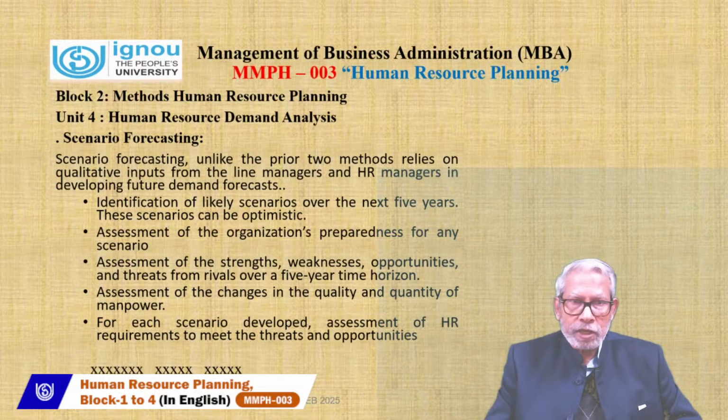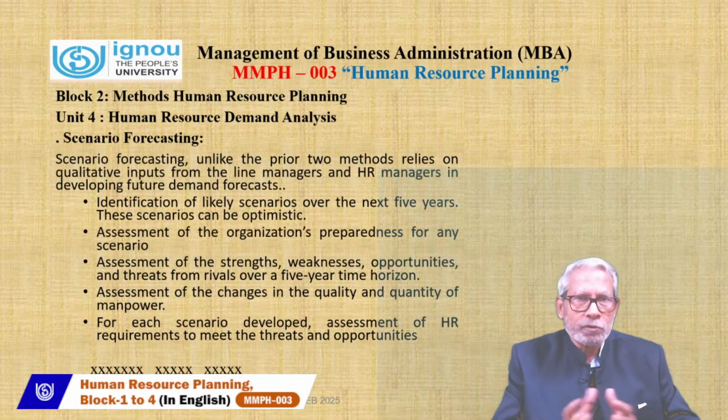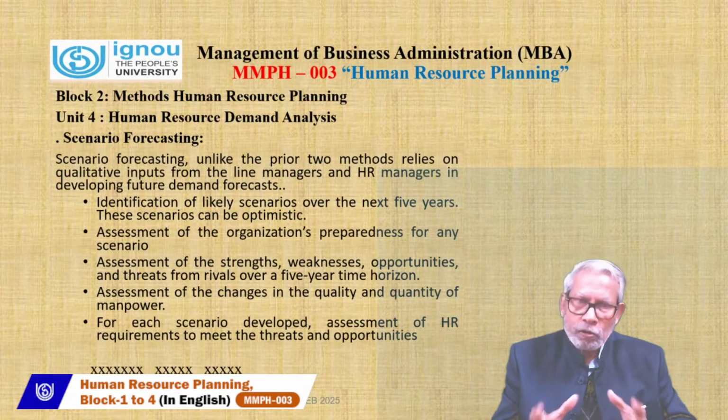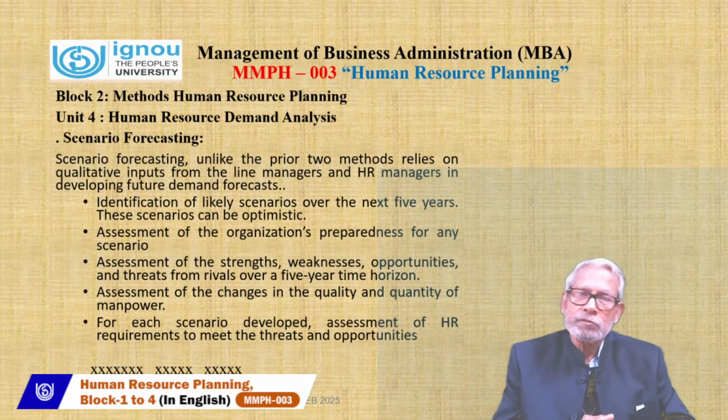This scenario can be optimistic, with an assessment of the organization's preparedness for any scenario. That's why it is called scenario forecasting, because in a long term, in a 5-year perspective, you have to see all these things and derive your weaknesses, strengths, opportunities, and threats, everything as per the SWOT analysis. That part is also taken.